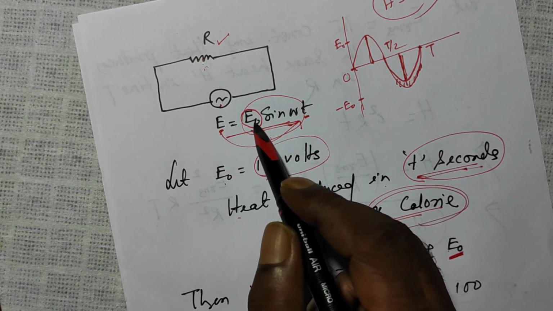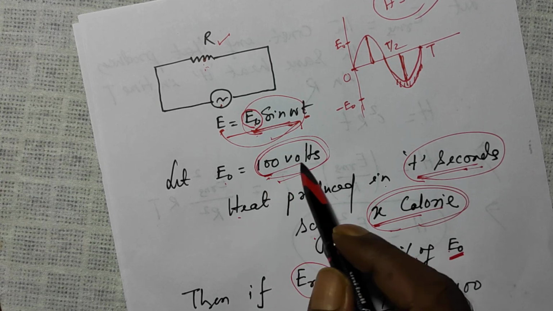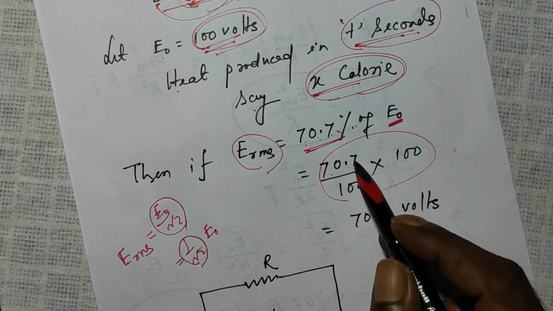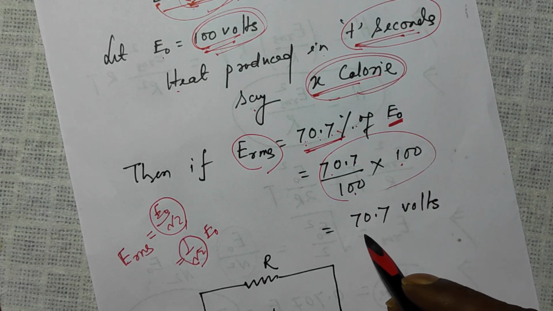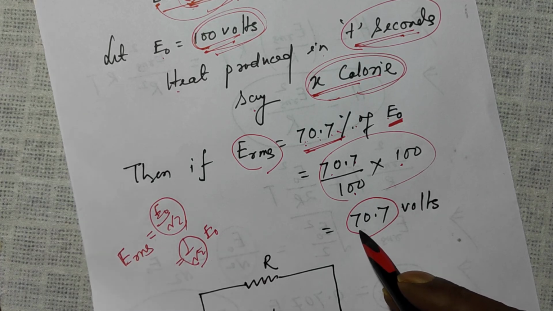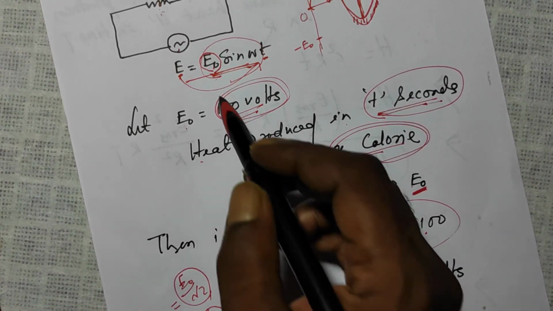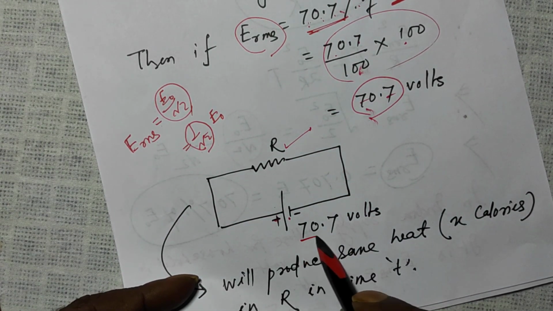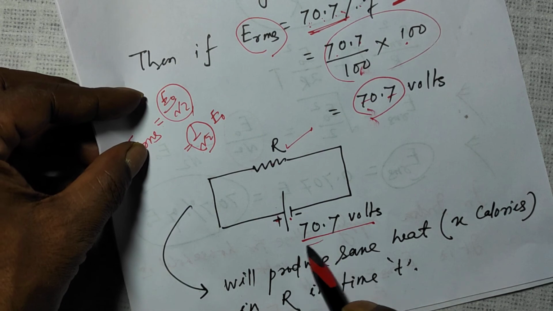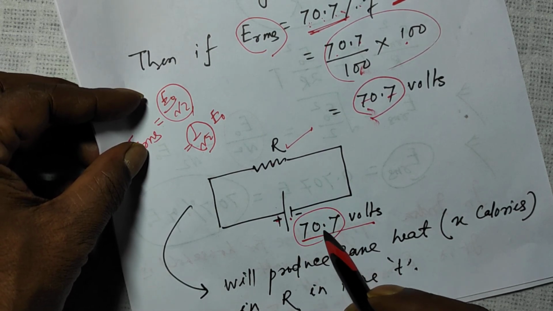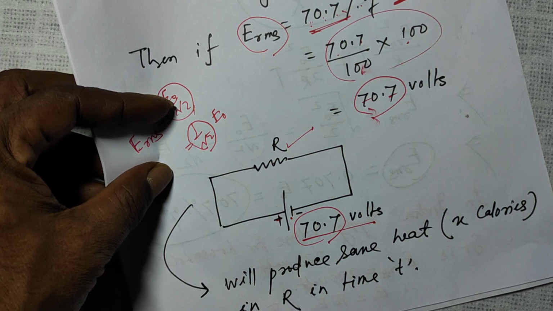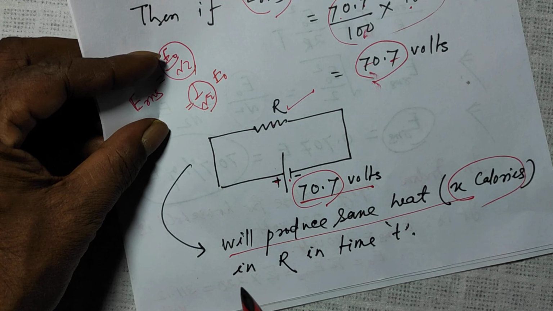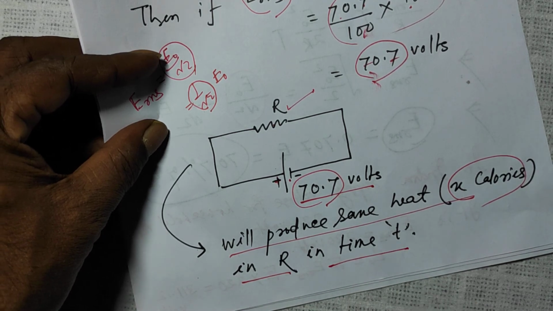Since E naught is 100, 70.7% of this will be 70.7 volts. So instead of applying this alternating voltage across the same resistance R, if you apply 70.7 volts, a direct voltage, not alternating, with no positive cycle or negative cycle, but constant, then it will also produce the same heat, x calories, in the resistor R in t seconds.